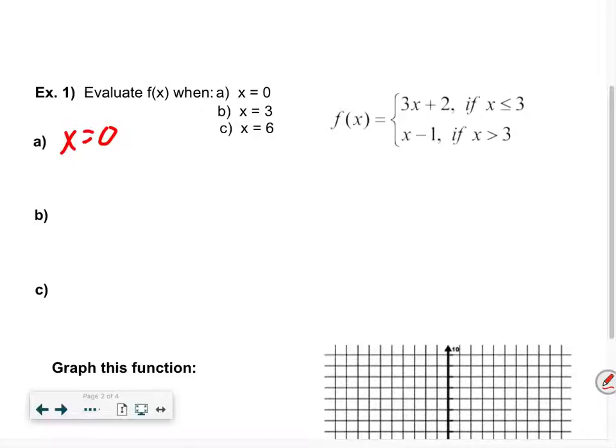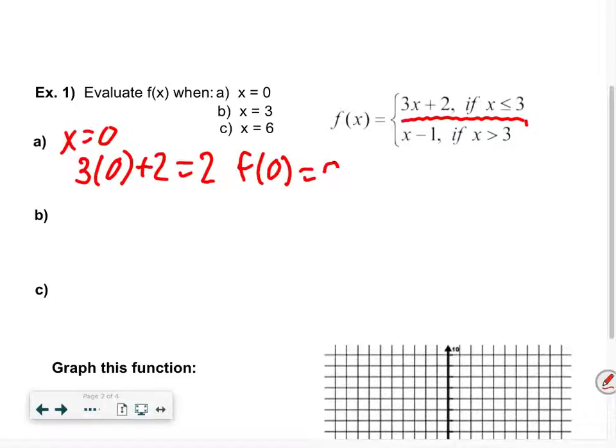Am I less than or equal to 3, or am I greater than 3 if x is 0? Less than. So we're using this rule. Okay? So all I do is plug in 0 up there. So 3 times 0 plus 2 is how much? 2. So my f of 0 is 2.